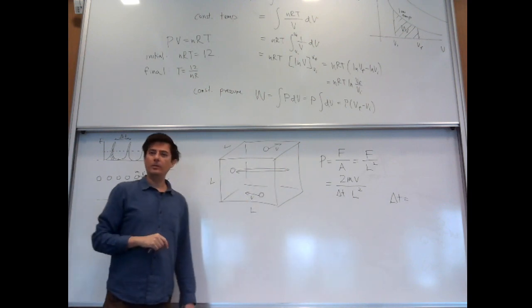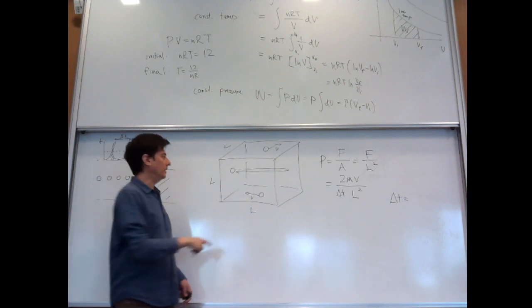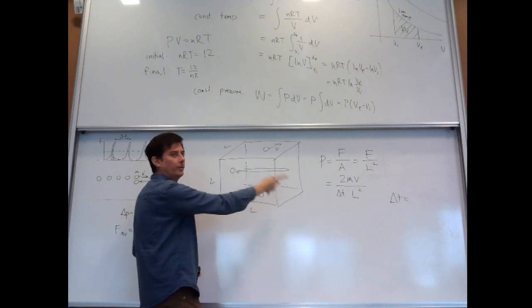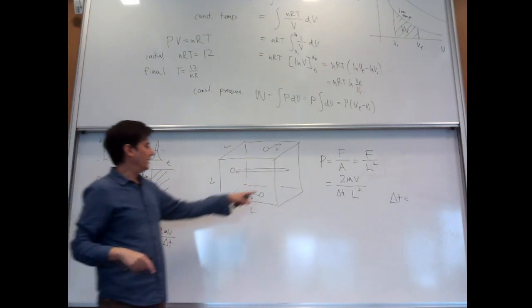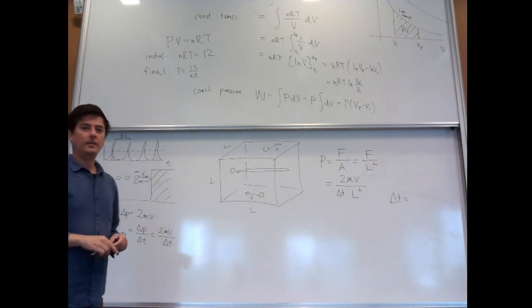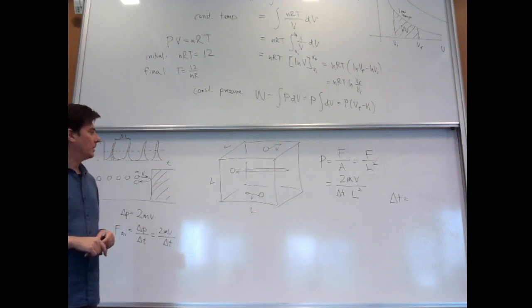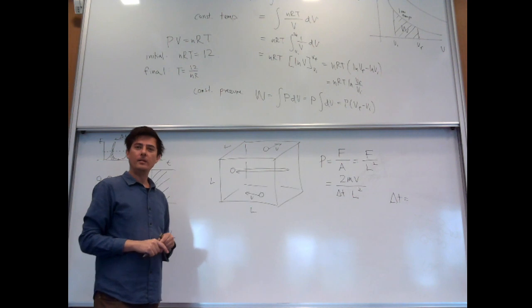Okay, well, maybe you guys can tell me. What is the time interval, assuming that this just bounces back and forth here? What is the time interval of it hitting this wall, assuming the velocity is v?